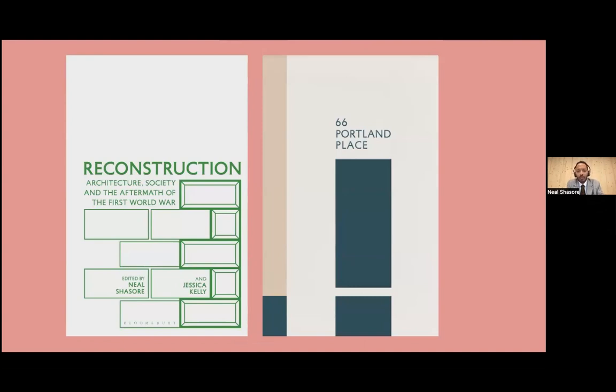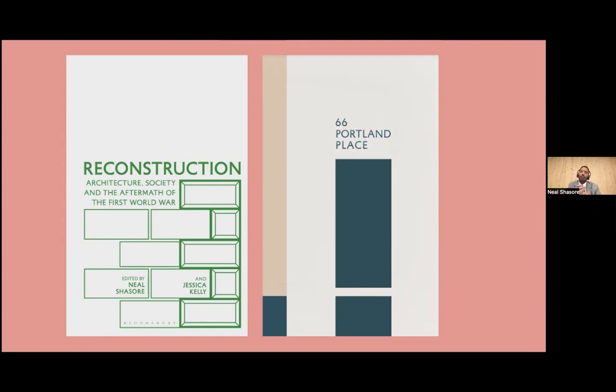Next February, I've got an edited volume co-edited with Jessica Kelly at UCA called Reconstructing: Architecture, Society and the Aftermath of the First World War, which is a series of 15 essays by academics and heritage professionals on a whole range of typologies and social issues and themes in social history, and how they manifest themselves in architecture, space and the built environment.